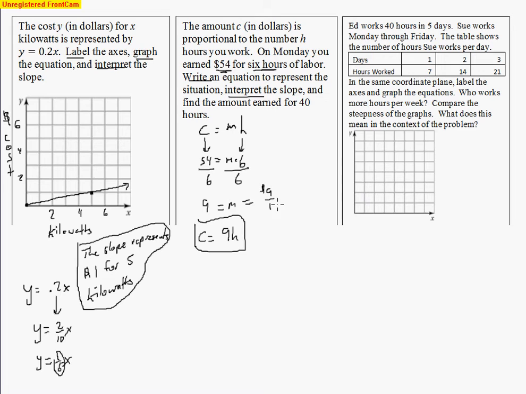And then 1 represented hours. And so that's what we need to use in our interpretation. So we say the slope represents earning $9 each hour.